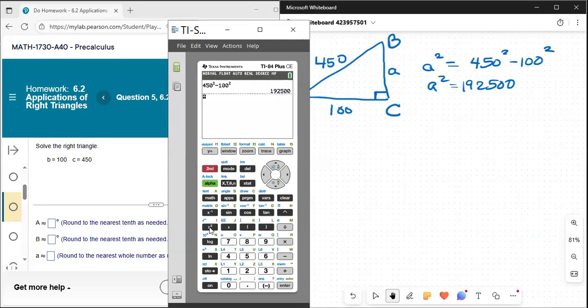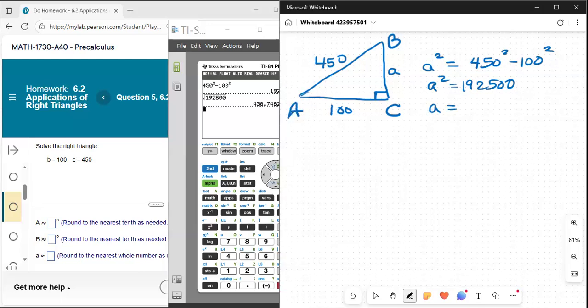So we take the square root of the answer and we get 438.75, rounded to the nearest tenth. A is equal to 438.7. So we found A.